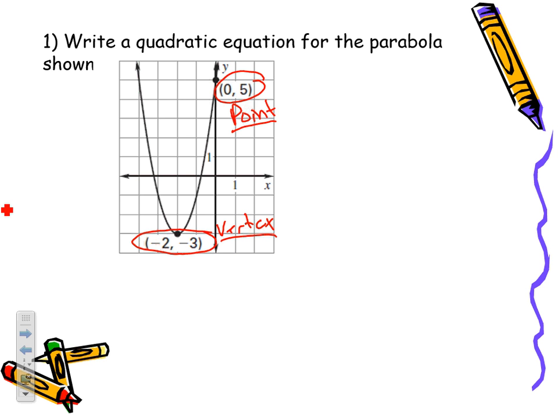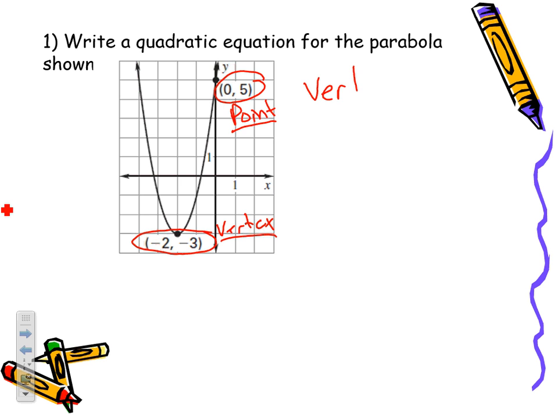Now, when we're given a vertex and a point, if we think back to our different formulas or forms of graphing parabolas, if I give you the vertex, we probably want to use vertex form.